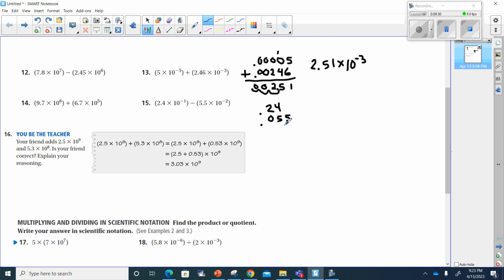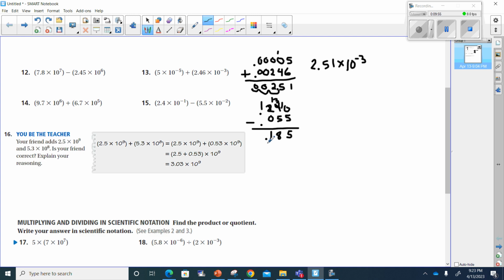All right? And now, remember I'm subtracting, so I've got to borrow 1 from here, which turns this to a 3, and 10 minus 5 is 5. I've got to borrow 1 from here, and that's 13 minus 5, which is going to give us 8. And then the 1 comes down with the decimal.